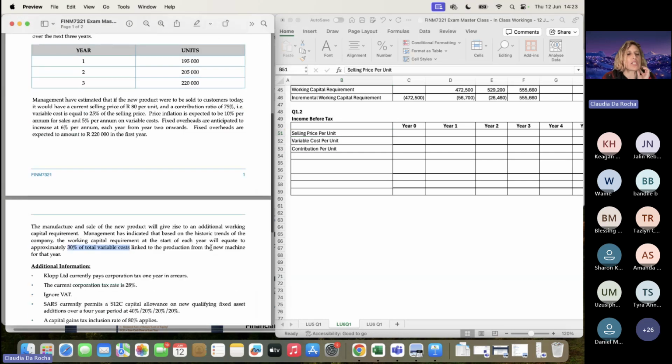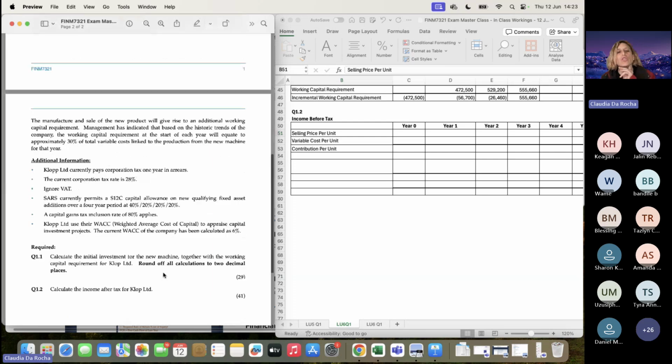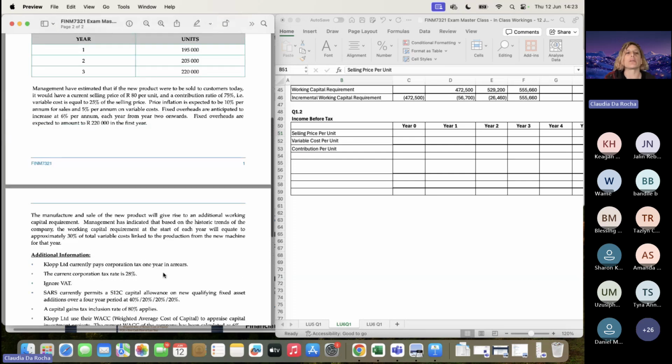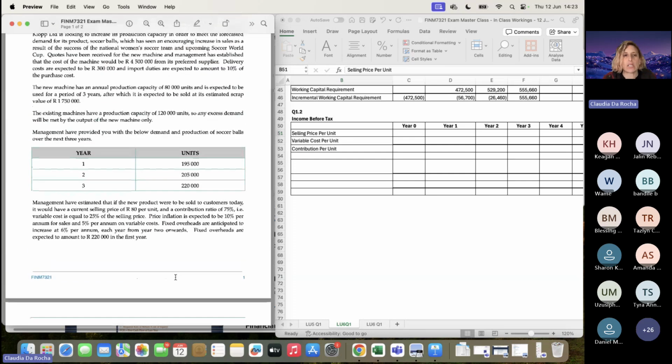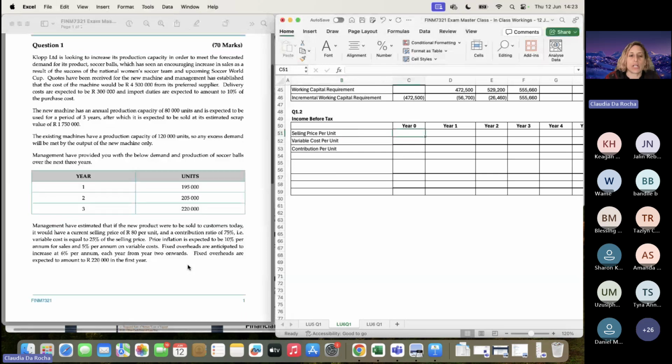Normally it would specify here income after tax for Club Limited in relation to the new machine. It really needs to be quite specific, because if we had to do the income tax for the full Club, we would have to take into account the machine that's already there. So in this case, we're only going to do it for the new machine, because that is what this decision is about.